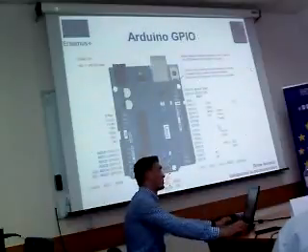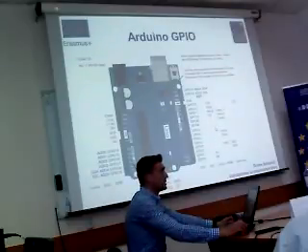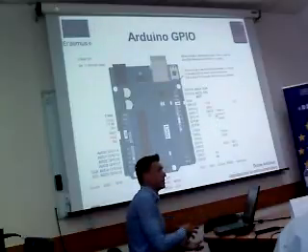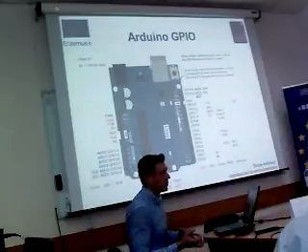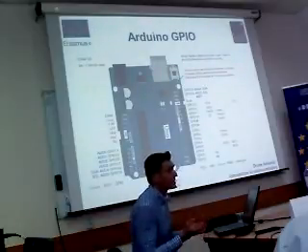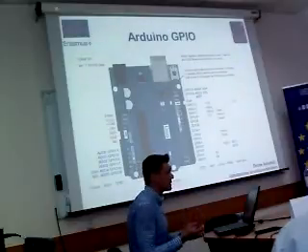A few words about the GPIO. What the GPIO is, it's a general purpose input-output. It means that it's an input or output whose purpose is general. It means that you can use it for many various things.